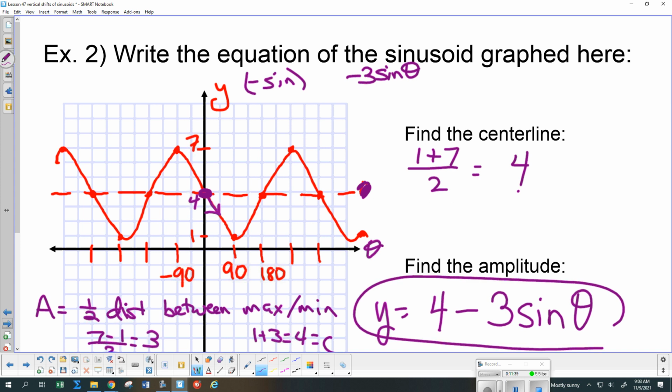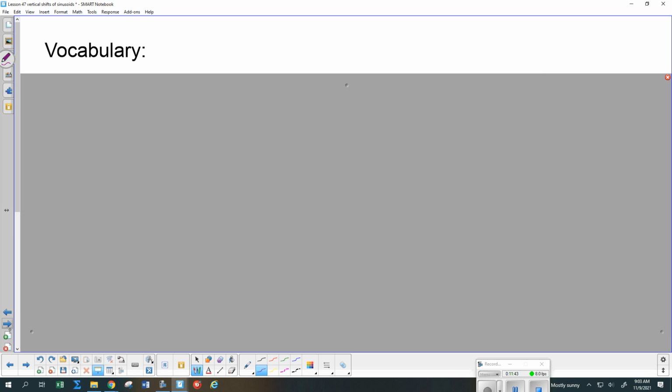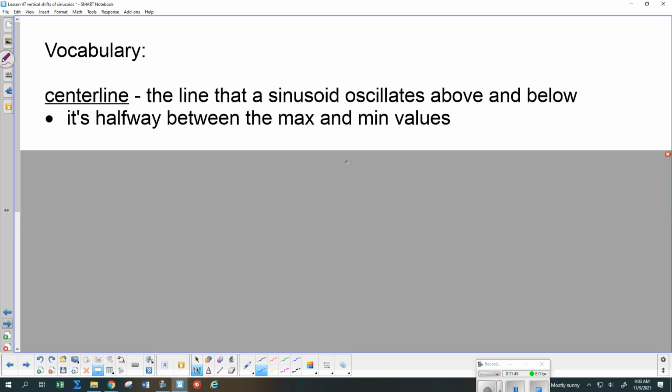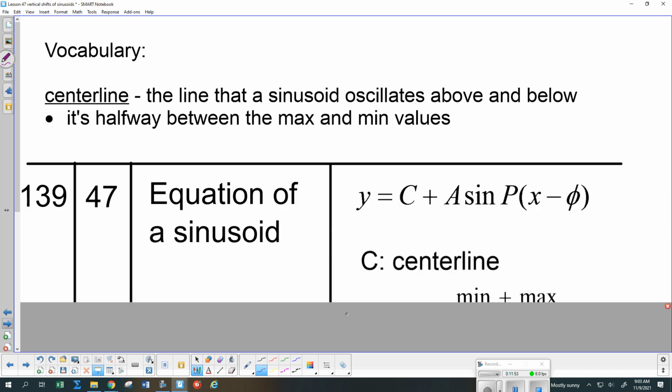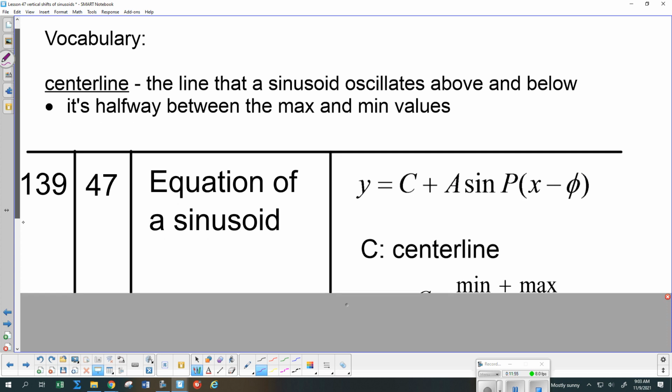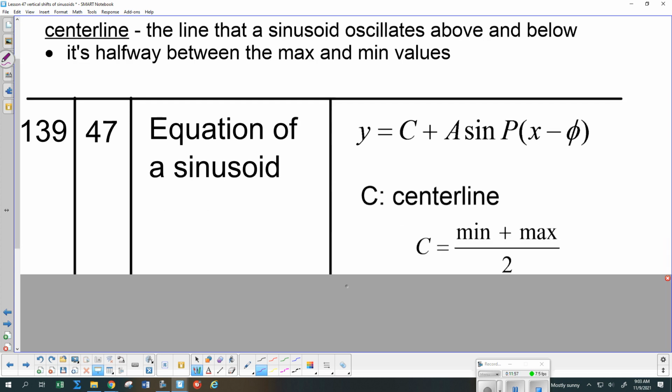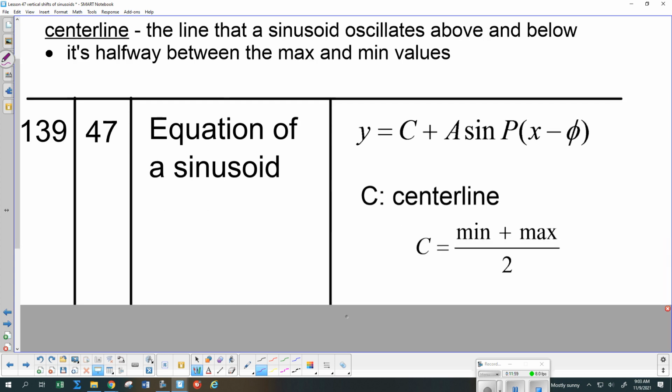Can you see what's happening there? So here's your summary. Center line is halfway between the max and the min values. And I'm going to go ahead and give you the entire equation for every sinusoid that we will be doing. This is really a plus or minus, and this is really a sine or cosine.